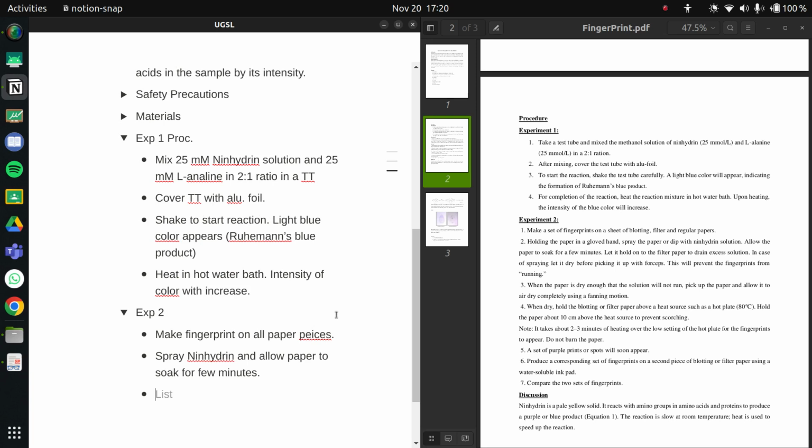Let it hold on to the filter paper to drain excess solution. Okay, dry and then pick.